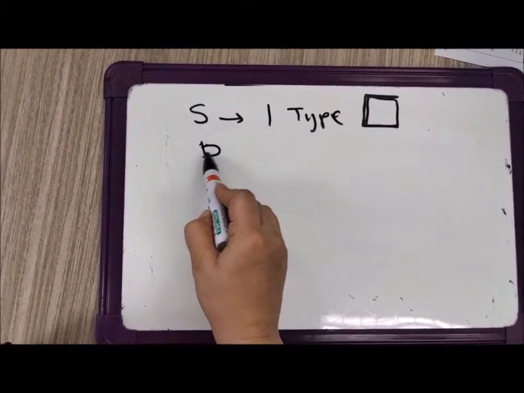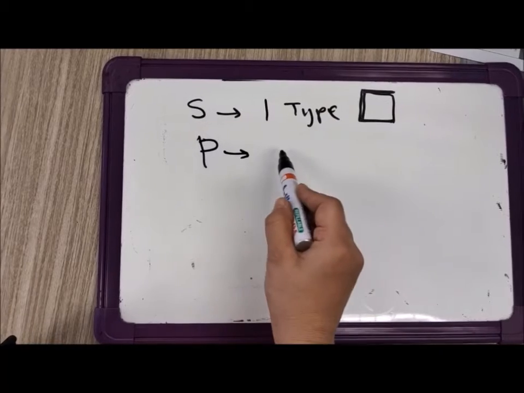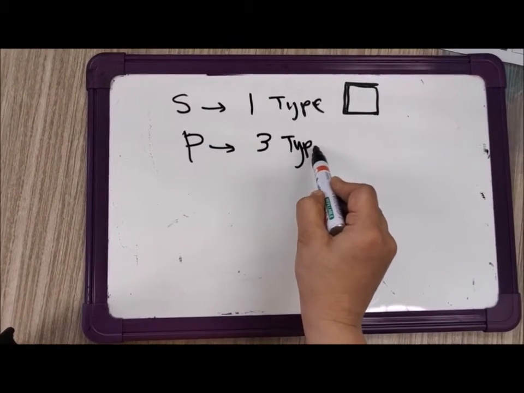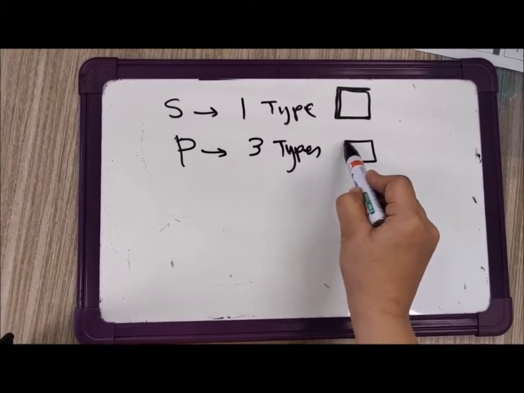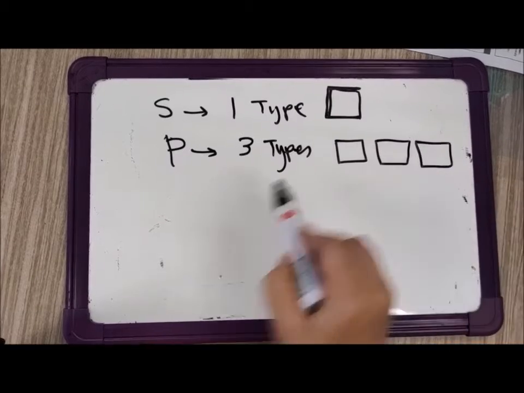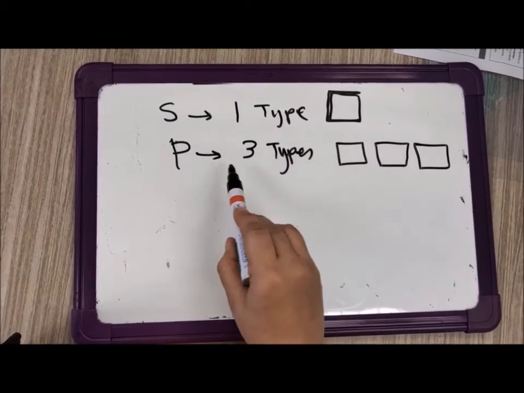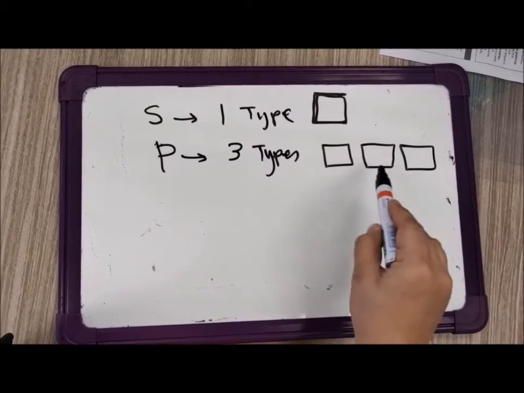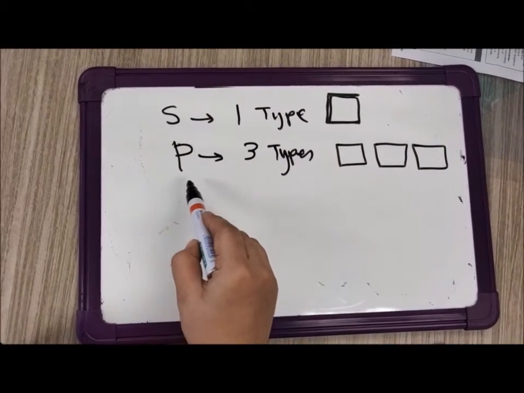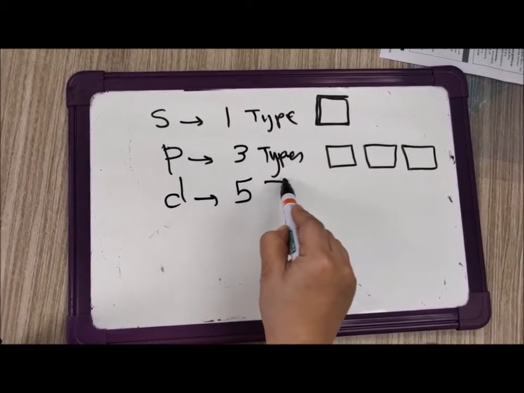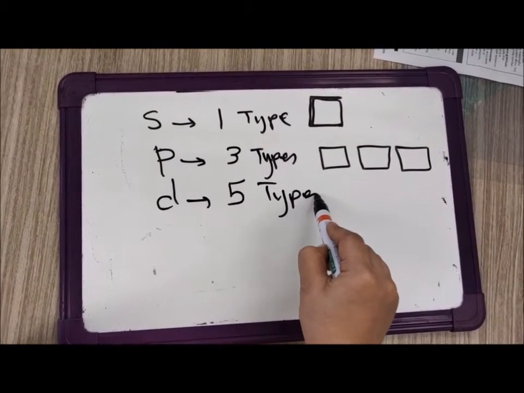For the P orbitals, there are 3 types. 1 square box, 2 square boxes, and a 3rd. So we show the different orbitals of the p by these square boxes. How many? 3.